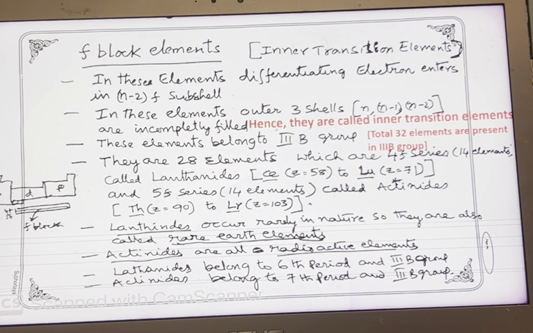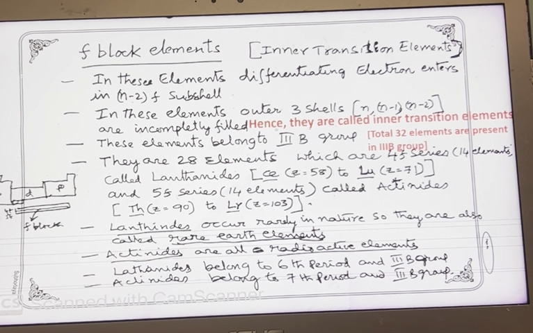My dear students, today we are going to learn about the classification of elements with respect to electronic configuration, or you can say how the differentiating electron enters in which subshell. That gives the block of that particular element.